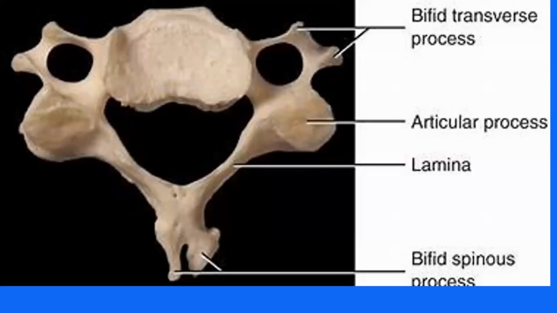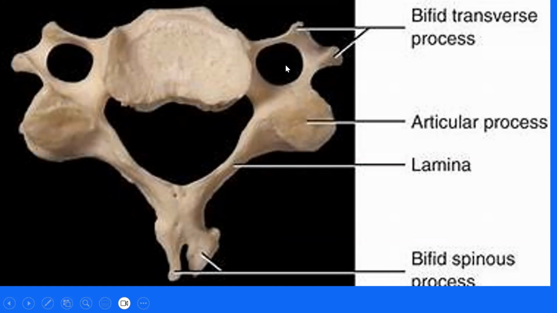Now, we have over here a typical cervical vertebra. If you look over here, the transverse process is this. Through the transverse process we have a foramen, which is called the foramen transversarium.